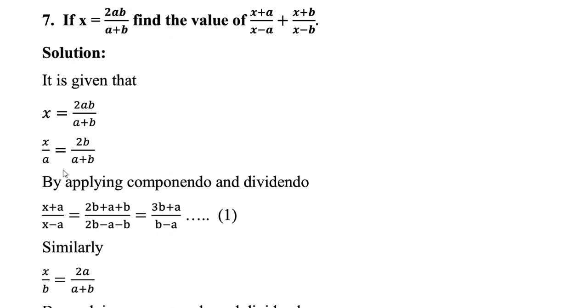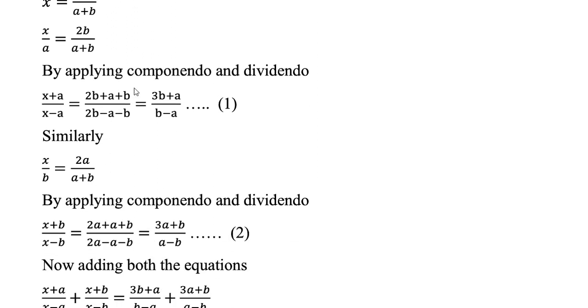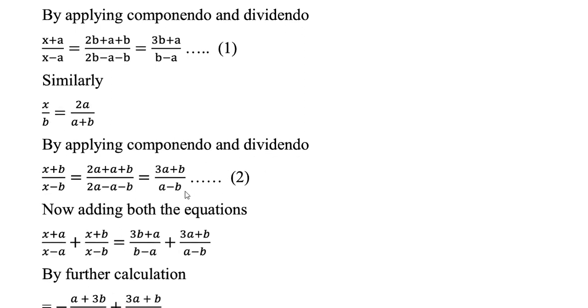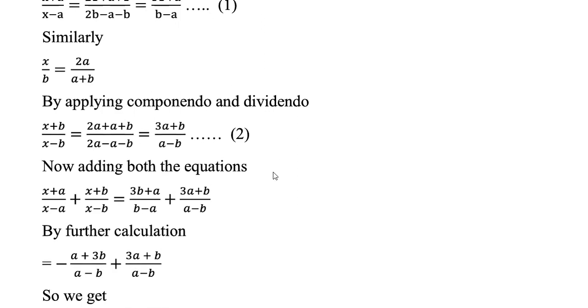So, we can write this like this: x/a = 2b/(a + b). Now applying the componendo and dividendo. Similarly, x/b = 2a/(a + b). Again applying componendo and dividendo.